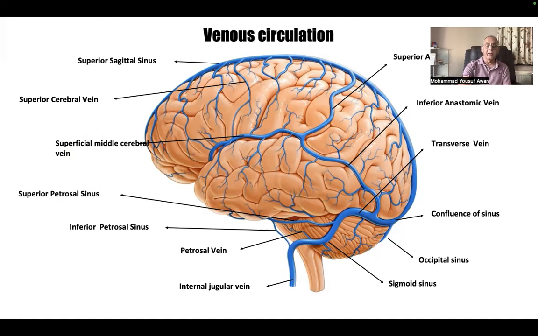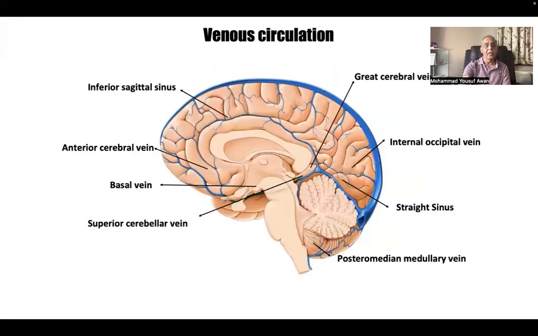So don't forget that it may not be only the arteries, but the defect may be with the veins as well. So the inferior sagittal sinus, the superior sagittal sinus, and then the straight sinus are the veins which are draining different parts of the brain.